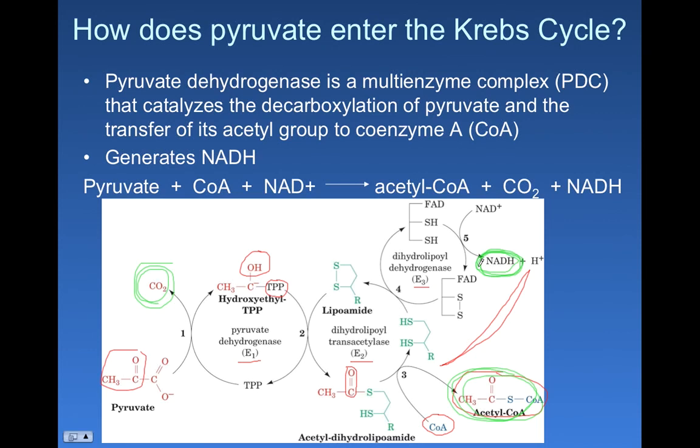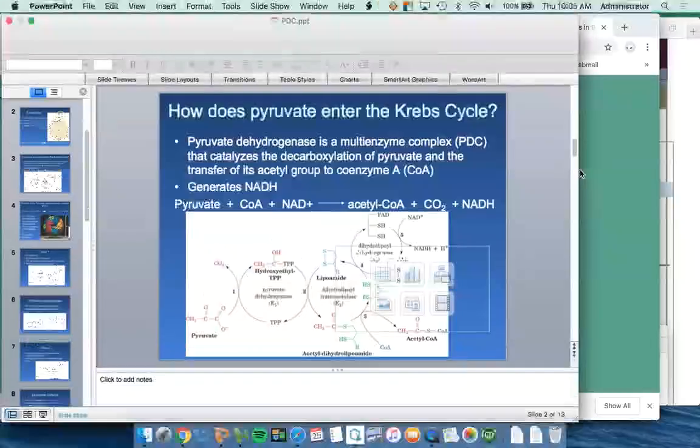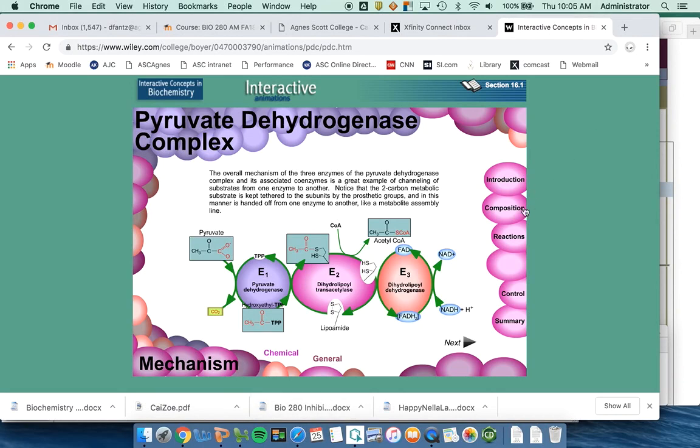Okay. Let's look at this with a video and see if we can maybe catch this in our head a little better. Here is our pyruvate dehydrogenase complex, with its 3 enzymatic activities. Pyruvate passes its 2 carbons onto E1, the TPP.